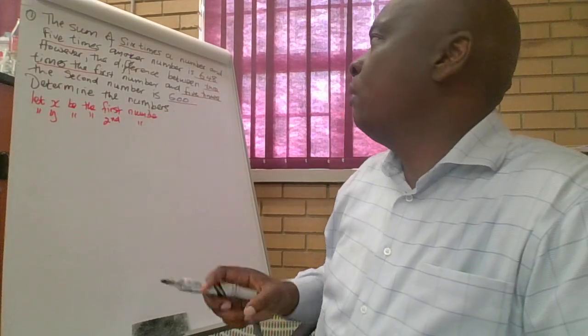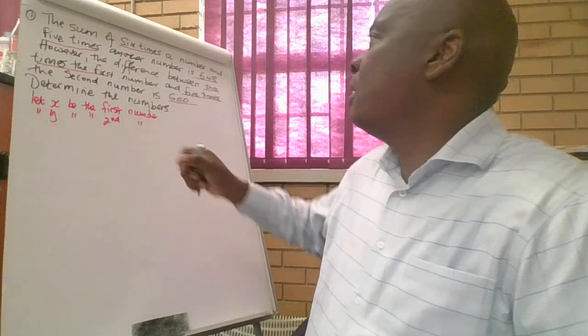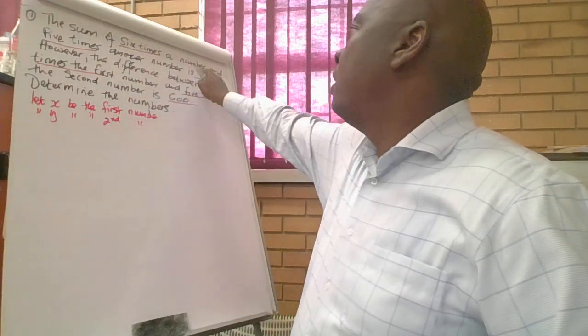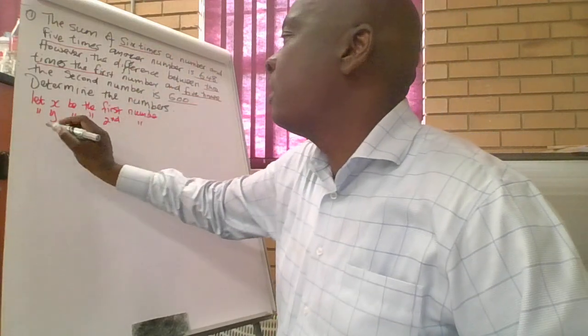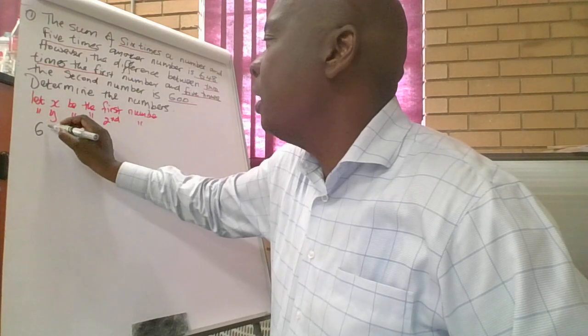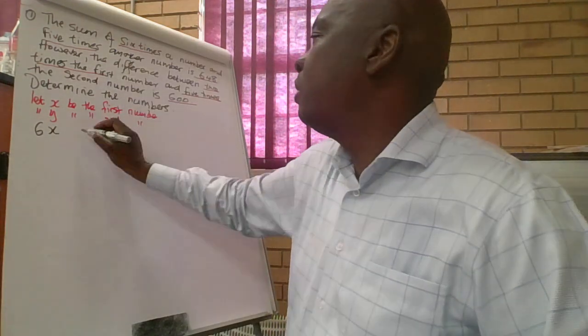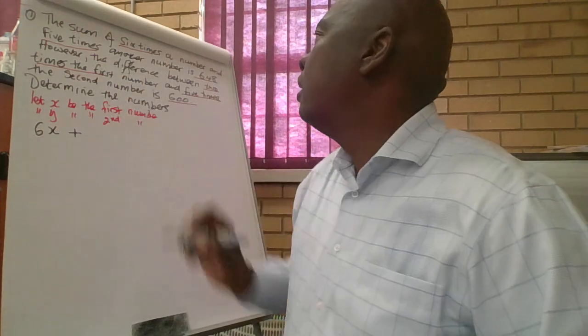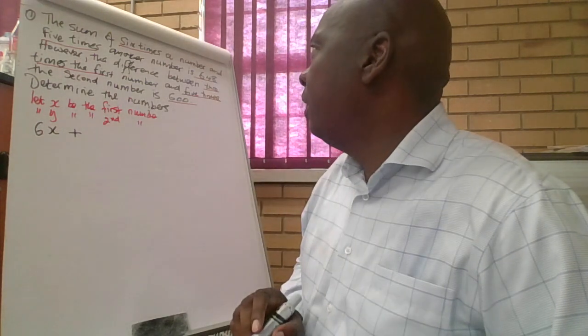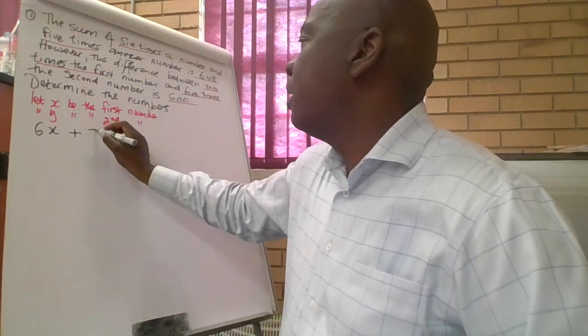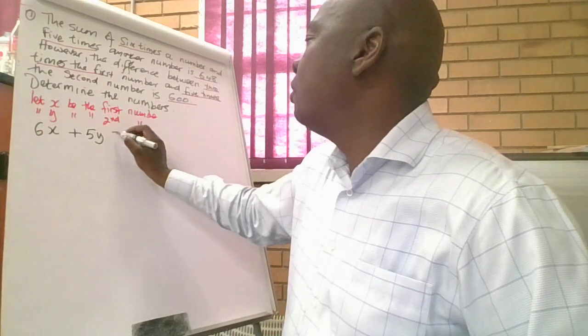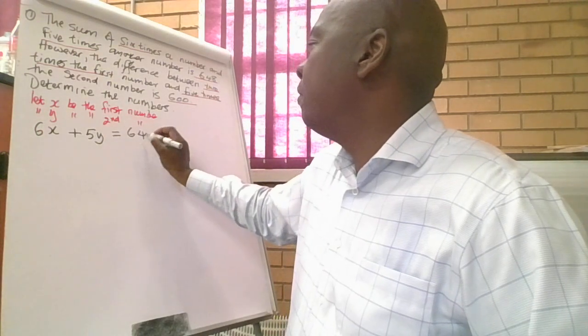So it follows therefore that from the first statement here, 6 times a number, so I have 6 times x, which is 6x. The sum of that, which means plus another, and 5 times another number, so that is 5y, should give me 648.